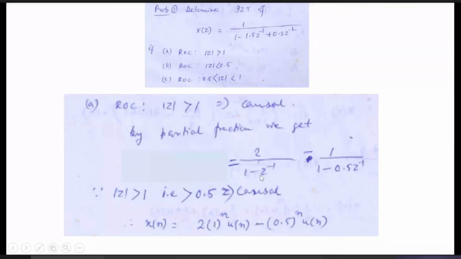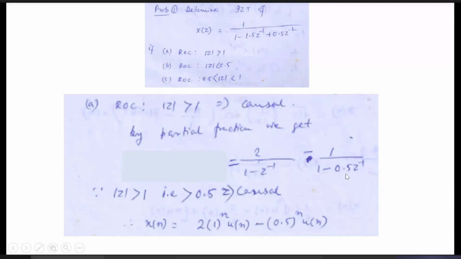You take the z inverse out. If you write z inverse as 1 by z, it is z by z minus something. So poles are located at z is equal to 1 and z is equal to 0.5.